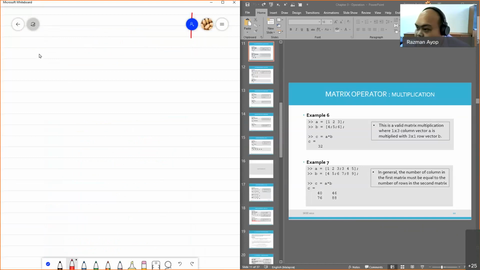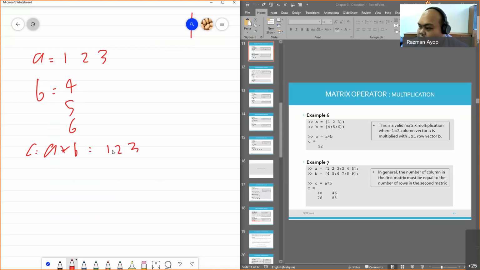Okay, you can see that A is equal to 1, 2, 3, and then B is equal to 4, 5, 6. So C equals A multiplied by B, which is 1, 2, 3 and then 4, 5, 6.